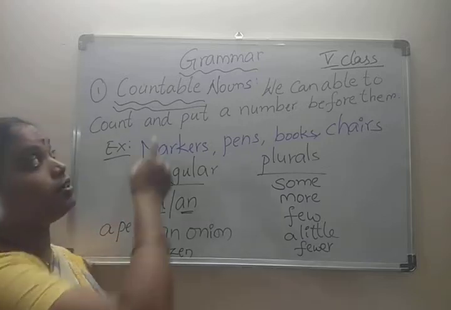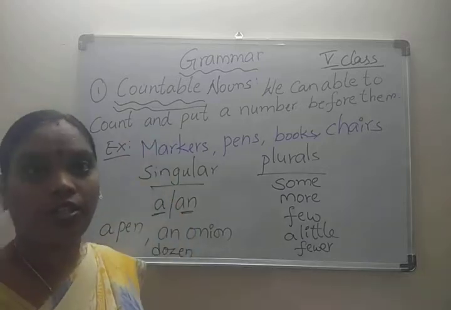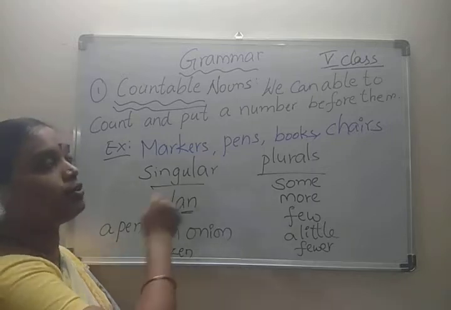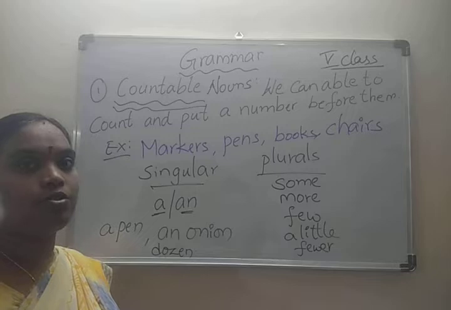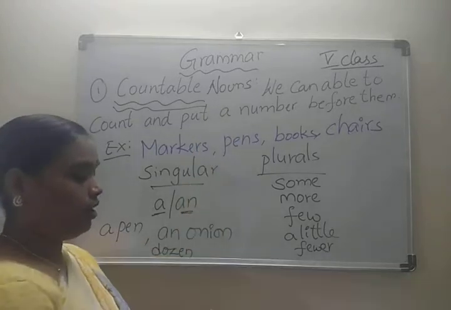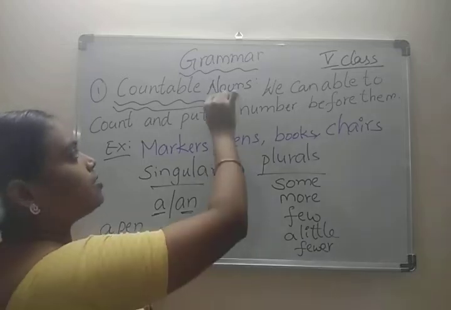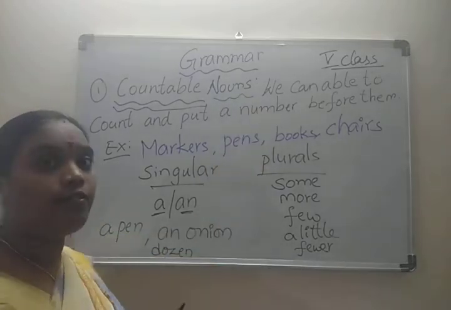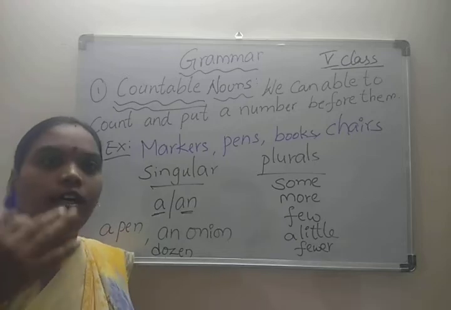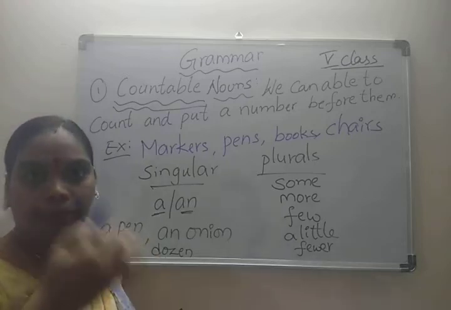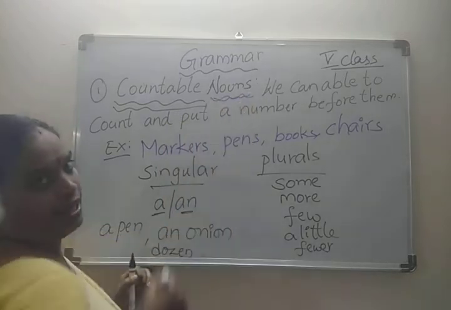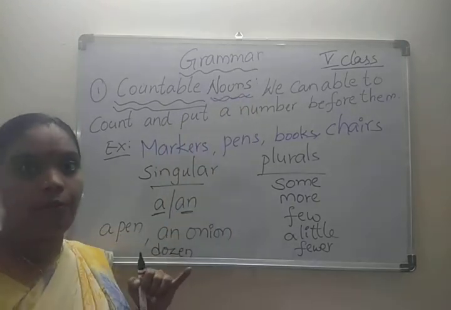Actually, which family does the countable noun belong to, children? Do you have an idea? Yes, countable and uncountable belong to the noun family. Noun belongs to parts of speech, but when we study nouns individually, the noun has so many types. What are the types of nouns?